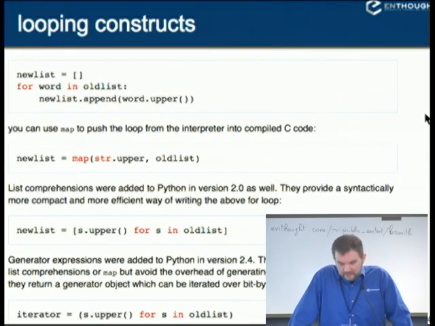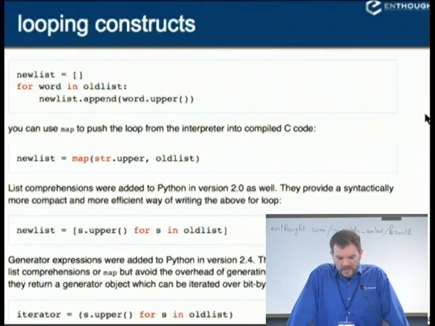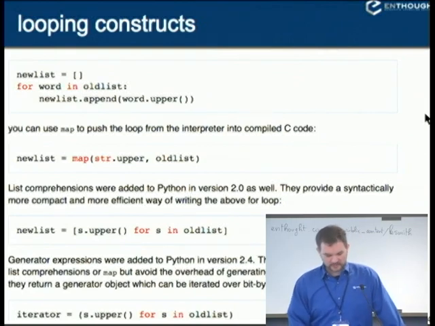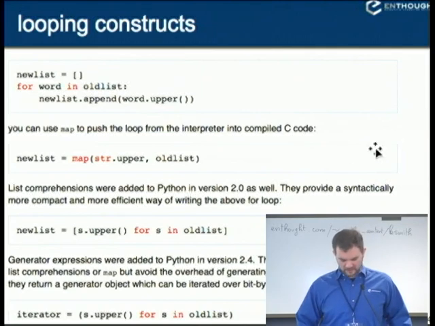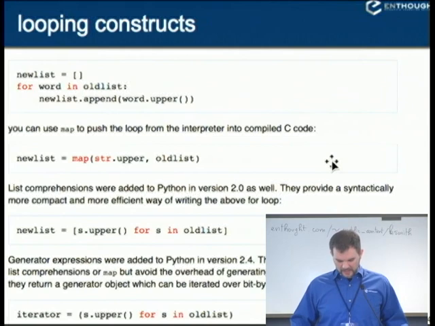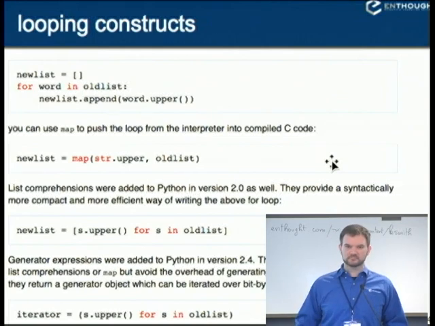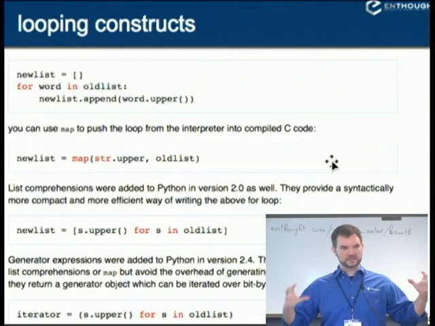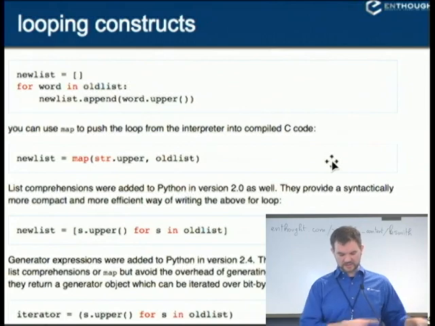Very easy to convert this to using map. It's a little different syntax for those of you who may not have seen it. What map does is it takes some function, some callable, here the string.upper function, and we're applying it one by one to each element of old list. And the results of that are collected into a new list, and that's just returned from map.